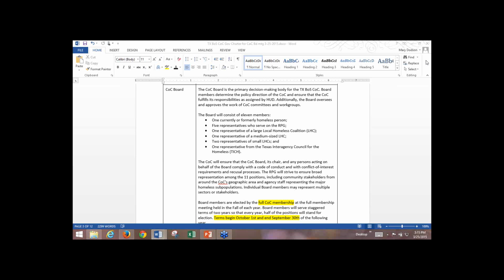And like Mary said, we have a current board that we're proposing remains in place through that transition period to get us to that point in October when we can elect a new COC board. And that's actually one of the things we'll vote on in a few minutes. So are there any other questions before we open the vote?